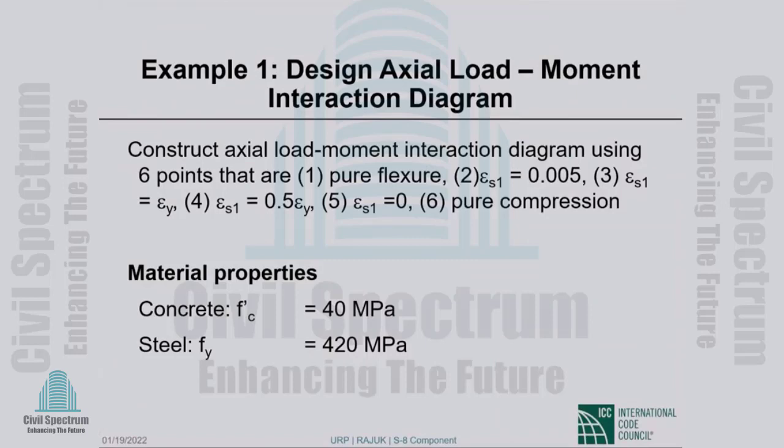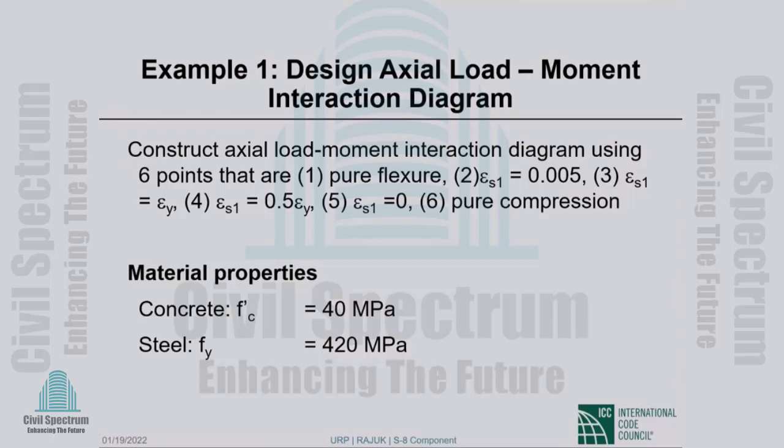Number 3, the strain in the bottom reinforcement is equal to the yield strain. Number 4, the strain in the bottom reinforcement is 1/2 of the yield strain. And then number 5, the strain in the bottom reinforcement is 0.